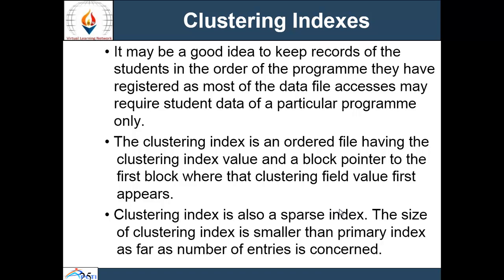In the case of a primary index, the entry contains the first record value of the data block and the pointer to that data block, and in the case of a cluster index, it contains a pointer to the first block and an entry having the clustering index value. A clustering index is also a sparse index, and the size of the clustering index is smaller than the primary index as far as the number of entries is concerned.